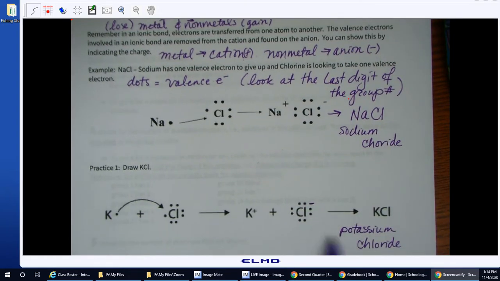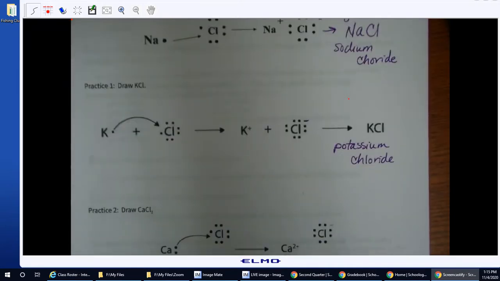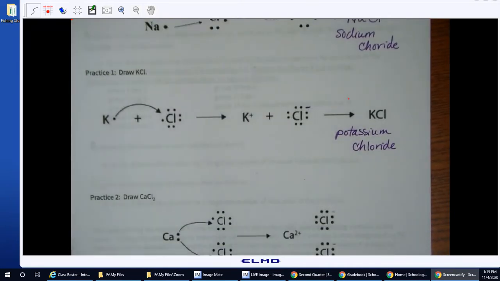Now notice, I'm not using mono or di or any of the prefixes that we use when we name molecules. These are ionic compounds, and they only form one type of bond. There's only one possible combination. And so we don't have to use prefixes when it's ionic, but we do use prefixes when it's covalent or molecular.